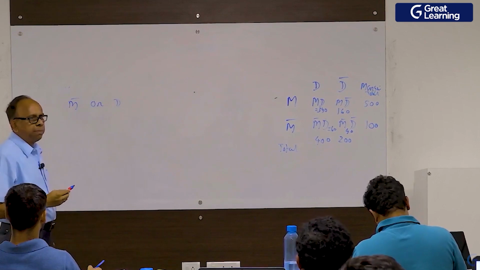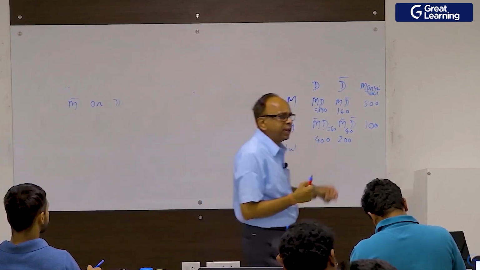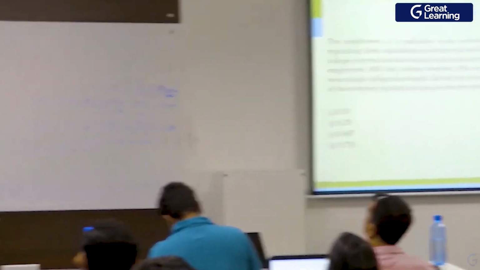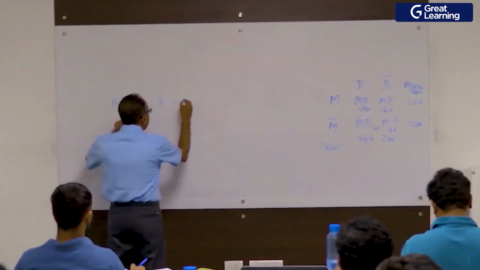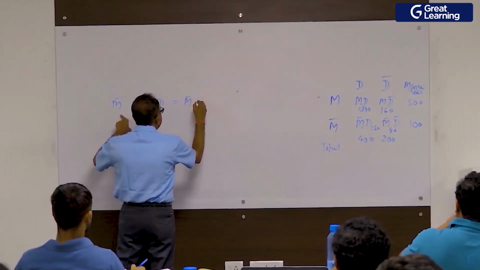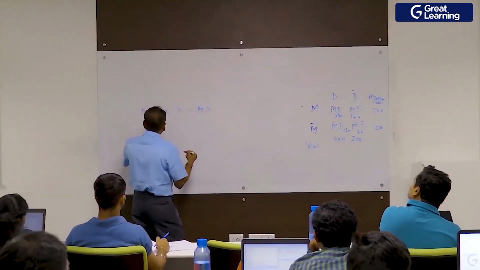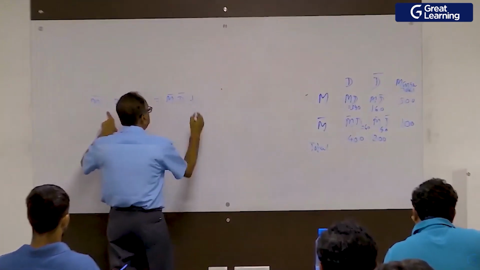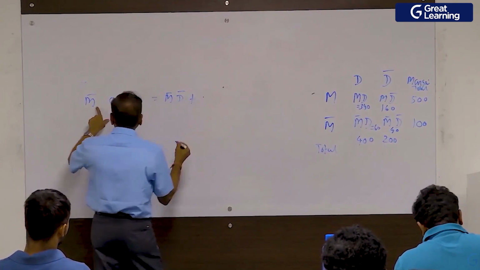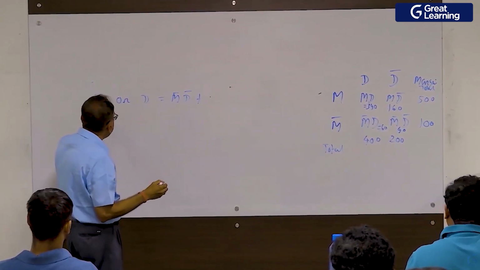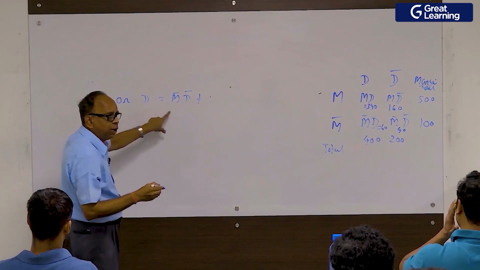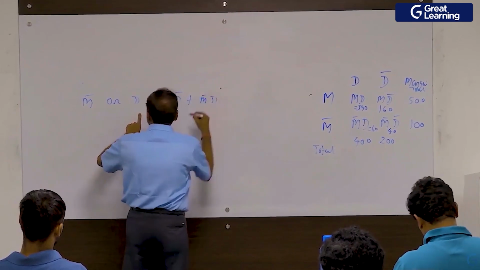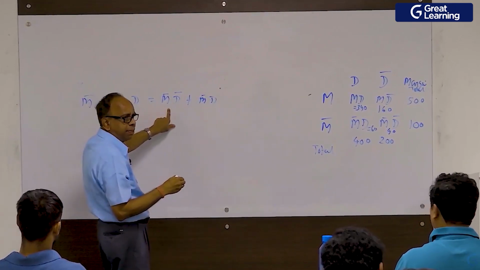Now, what we want is single or a college degree is M bar or D. Am I right? M bar or D, probability is wanted. Now, let us say what is M bar or D. M bar or D is equal to M bar occurs with D and without D. So M bar occurs with D is M bar D, and M bar occurs without D is M bar D bar.